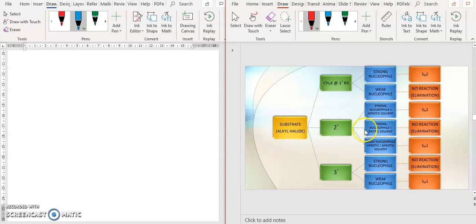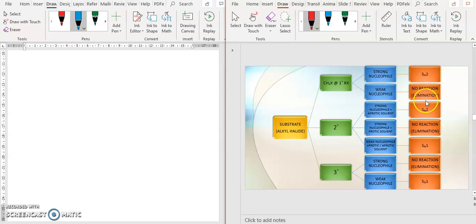So this is basically a summary of the reactions that will occur based on the type of halide group. If it is a methyl halide or primary alkyl halide, no matter what, if it is a strong nucleophile, only SN2. If weak nucleophile, there is no reaction.